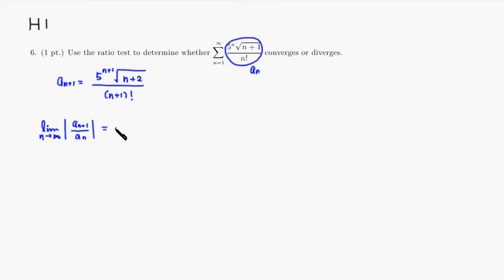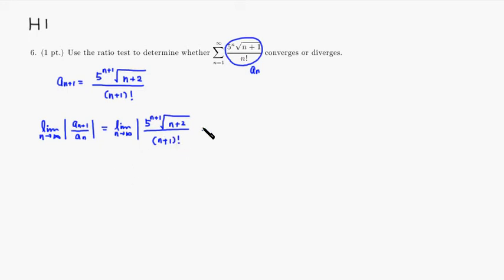Here's the limit as n approaches infinity, then absolute value, and a_(n+1) is right here: 5 to the n plus 1 times the square root of n plus 2, over n plus 1 factorial.